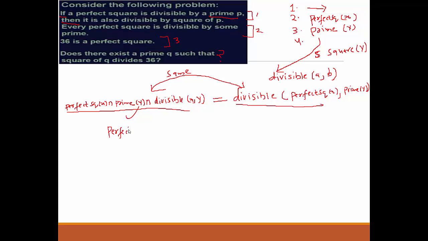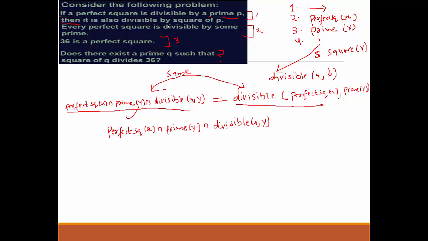Perfect square x and prime y and divisible x comma y.